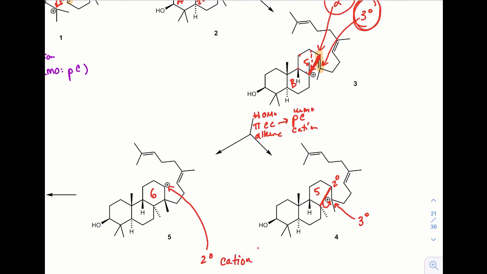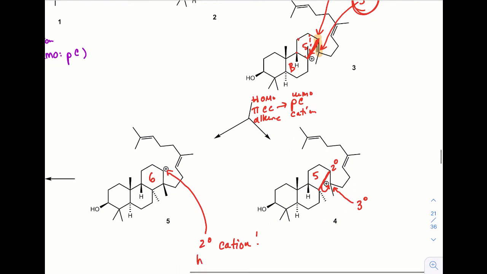So a less stable or higher energy cation is formed. And of course, that is facilitated by the enzyme. So it is believed that first this species is formed with the more stable tertiary cation, and then the ring expands to form the less stable cation, but the 6-membered C ring.